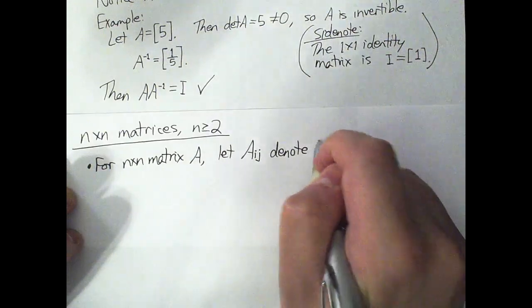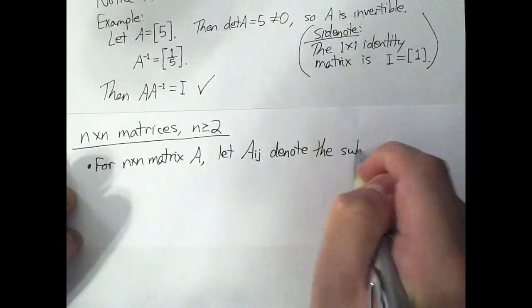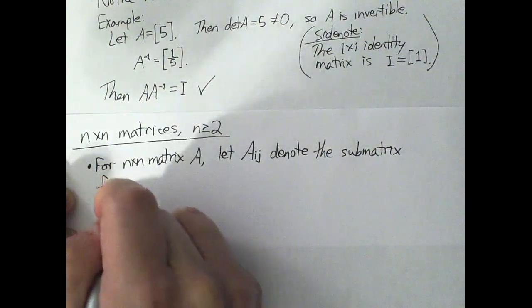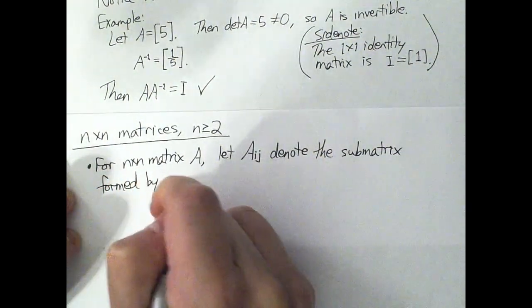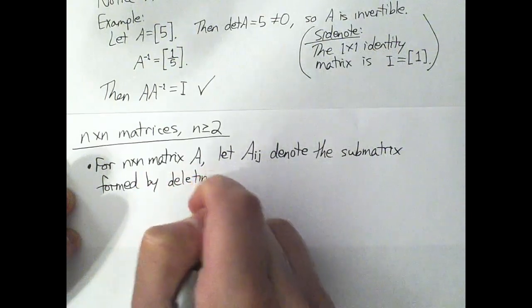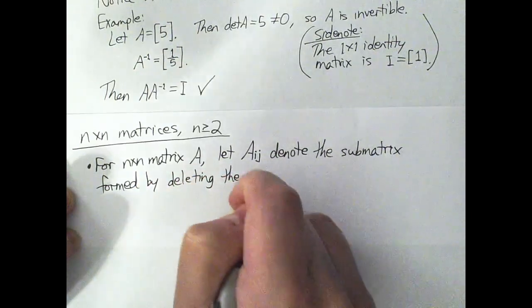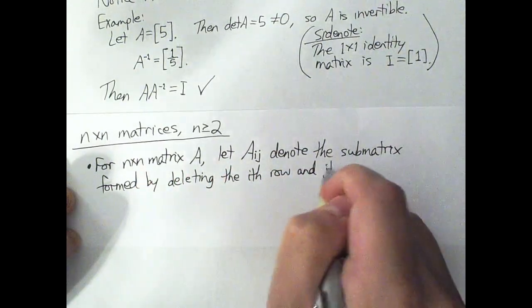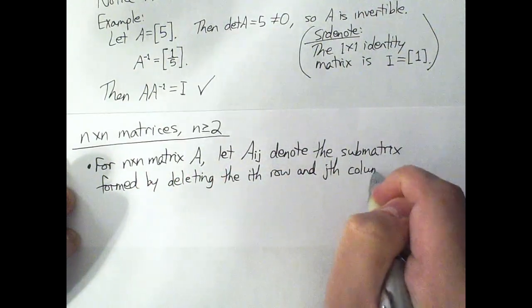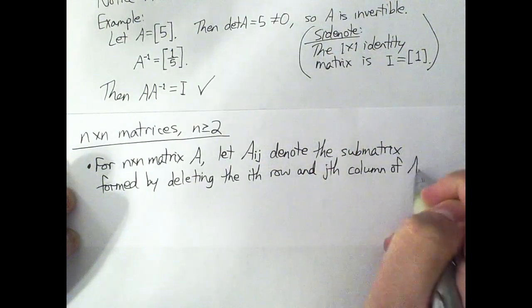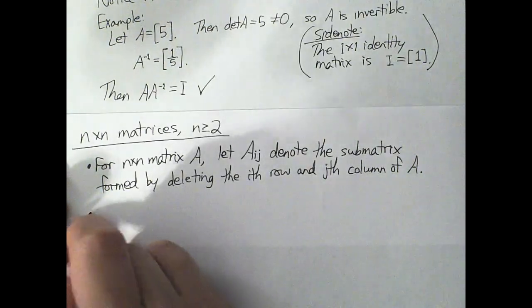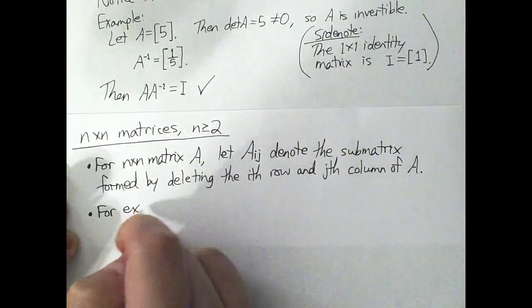It's going to denote the submatrix formed by deleting the ith row and jth column of A. So this is a tool that we need for what we're going to do. And I'll give you an example. I think an example will help a lot with this.